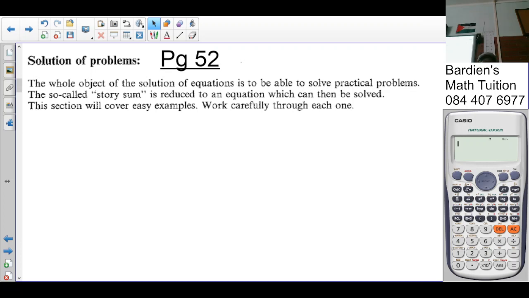And number 3, they tell you if 2 items are involved, we have 2 X's. Then we write the one number in terms of X, or we introduce the X, and the second number we write in terms of X. You understand?